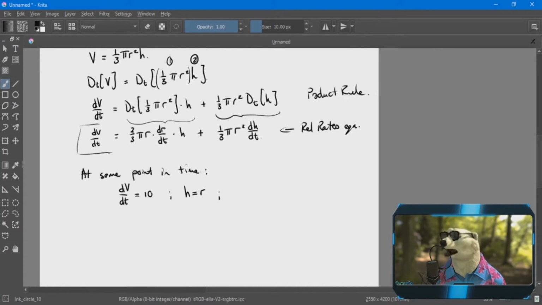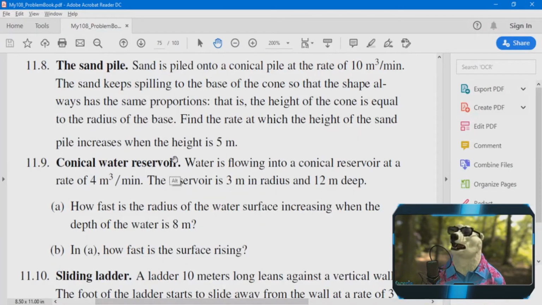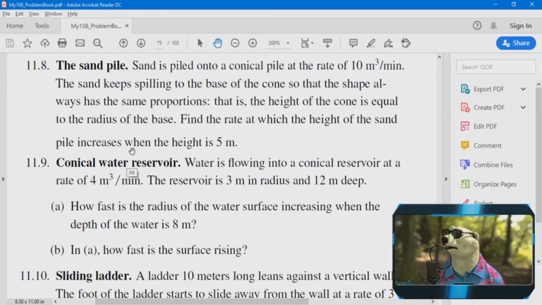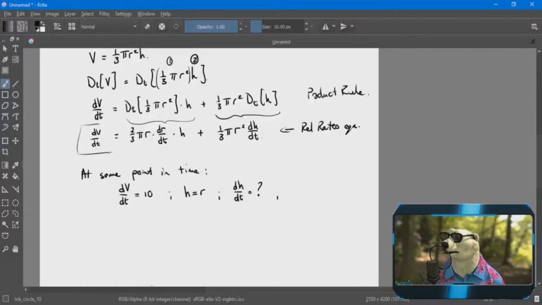It's good to highlight that and see it. And we want to find the rate at which the height of the sand increases. So we want the rate of change of the height, question mark. And we have the point in time when the height is 5 meters. So the height is going to be 5 meters.